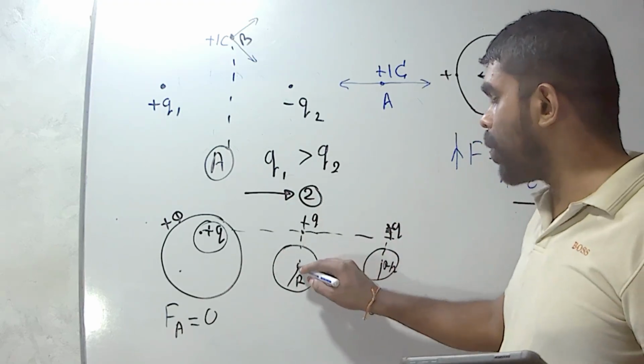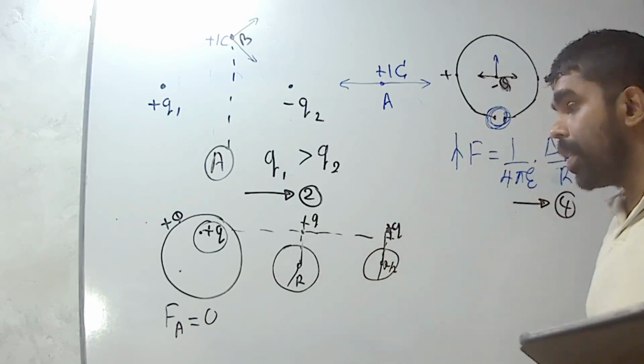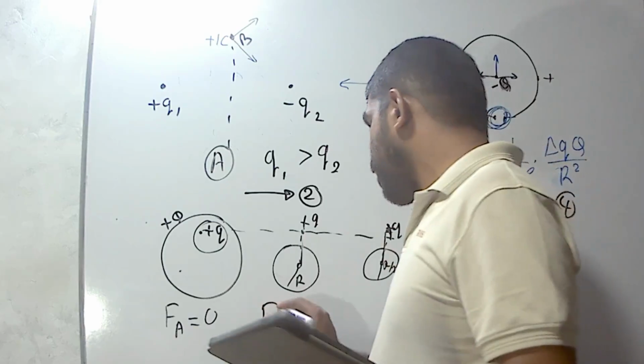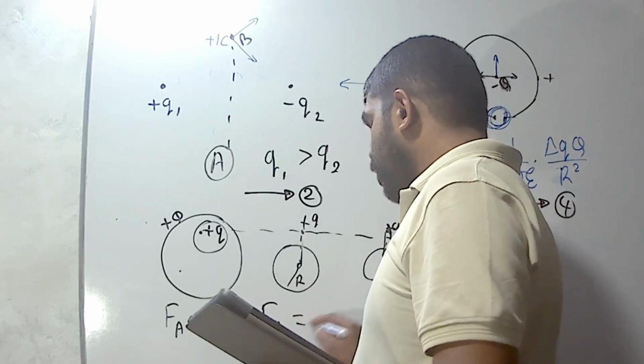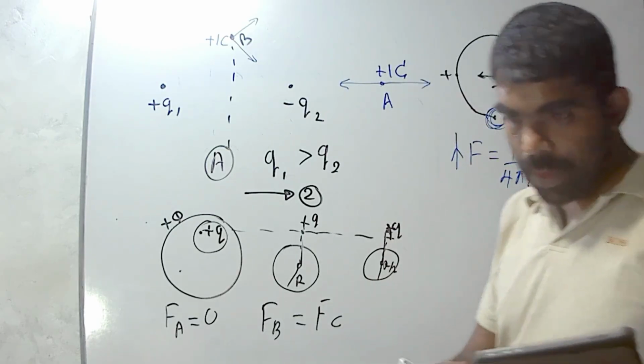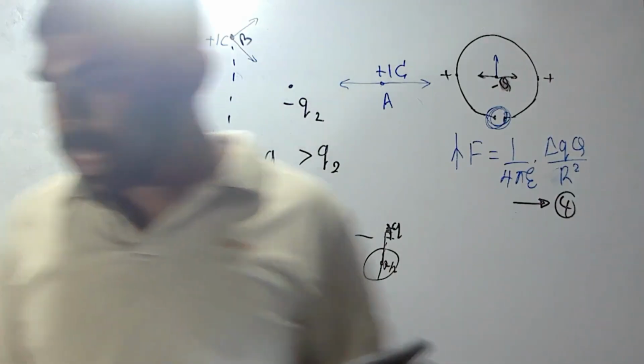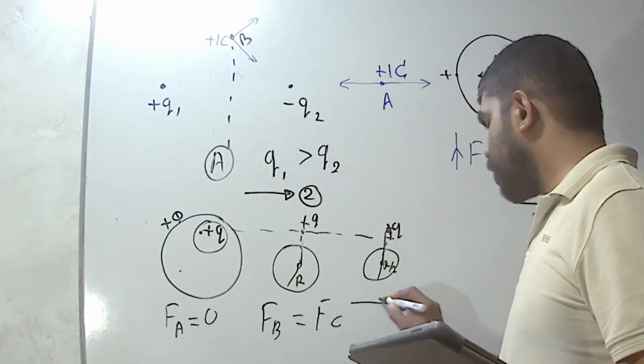Therefore, we have to consider the same distance from this center and this center. Therefore, FB should be equal to FC. Then we can get the second answer is the correct answer.